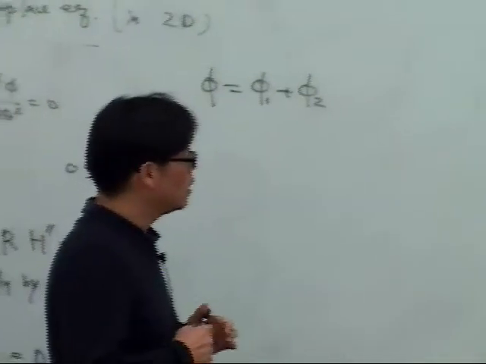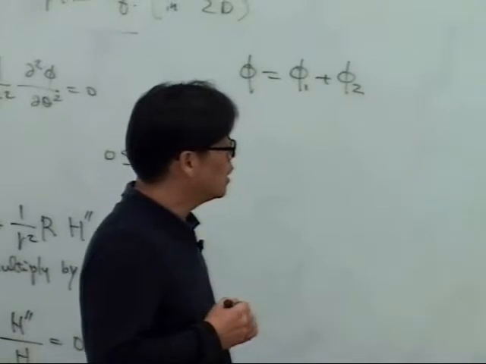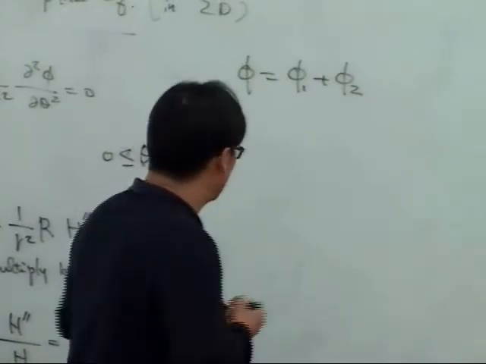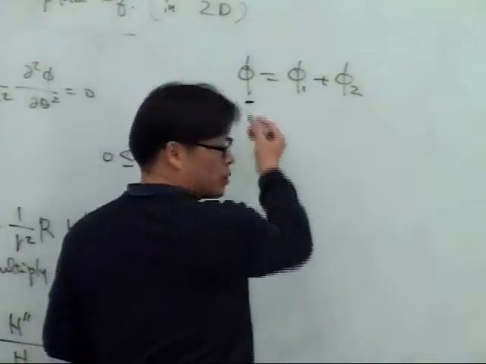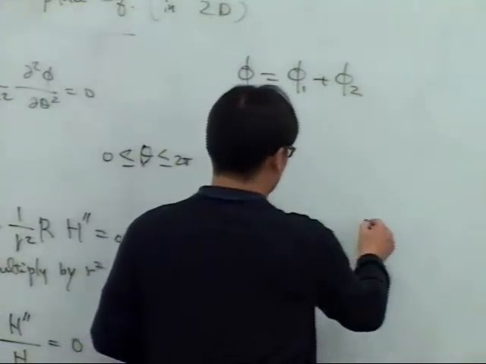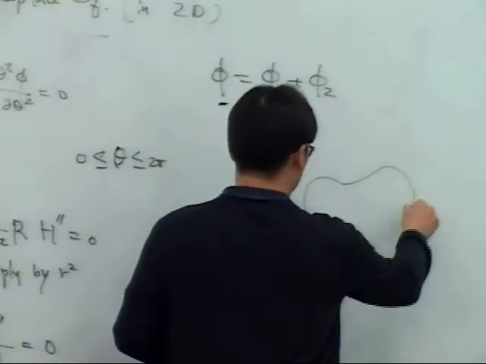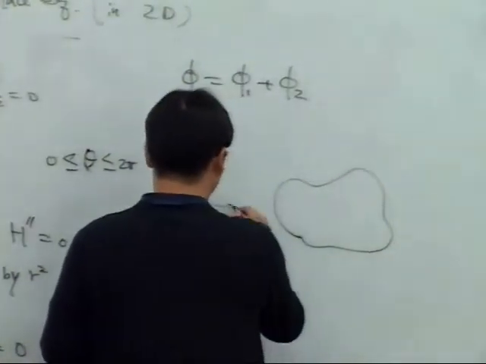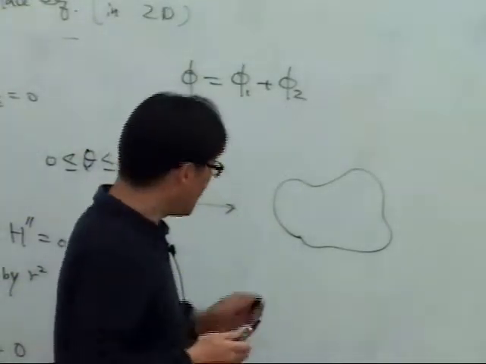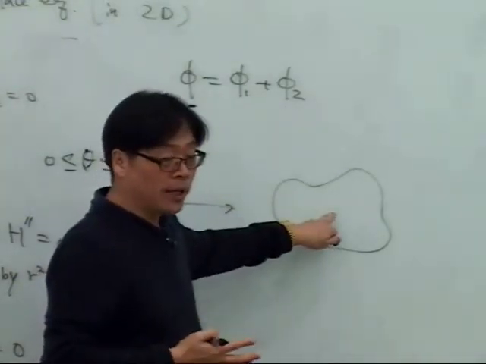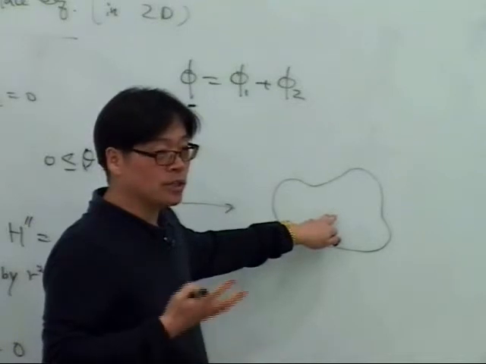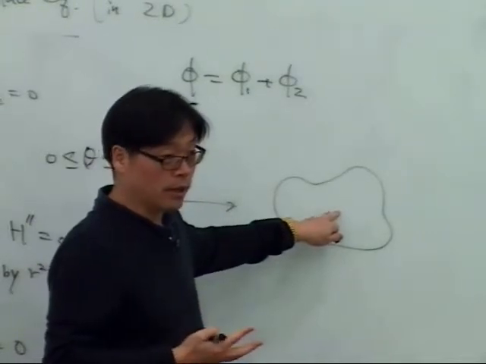So this general solution can represent flow around a body of arbitrary geometry. Okay.